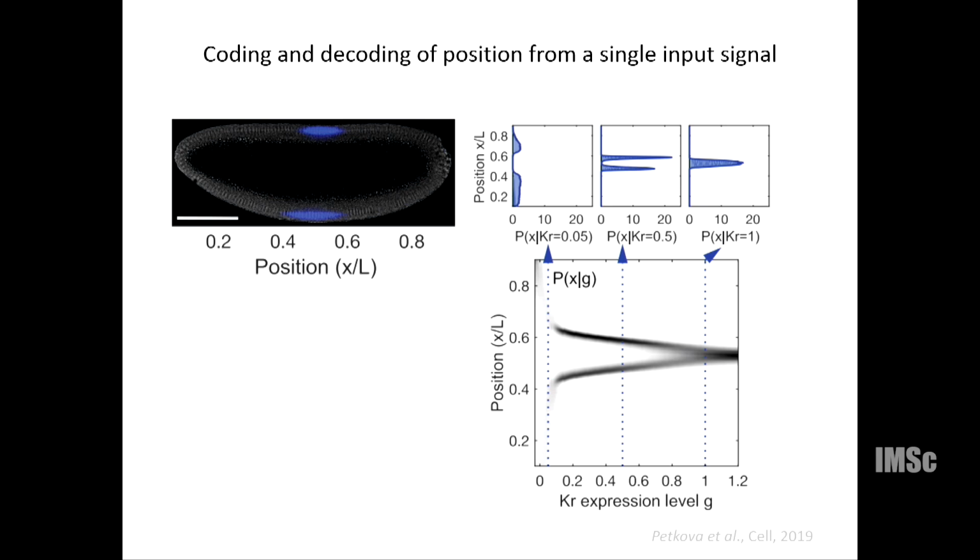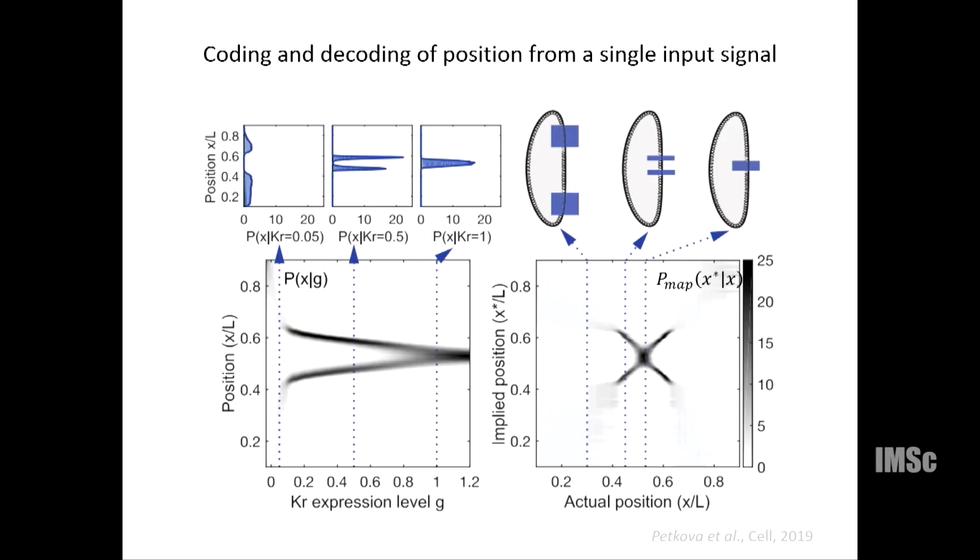Then you go with the cell sitting in the middle of the embryo. It is actually much better, but still it's ambiguous. So the cell could very likely be here or here, and only if it's close to the peak, it gets very nicely positioned. And now you construct this decoding map.